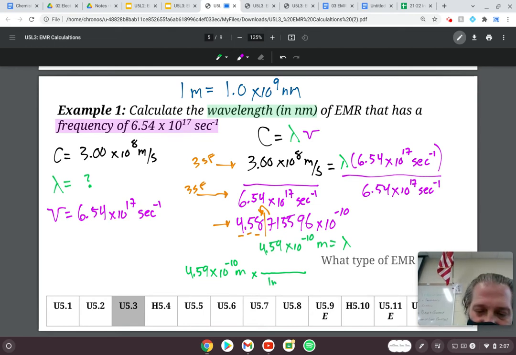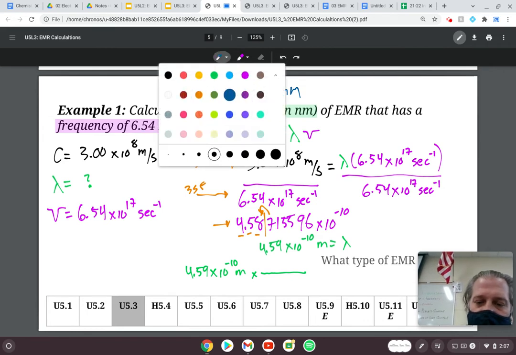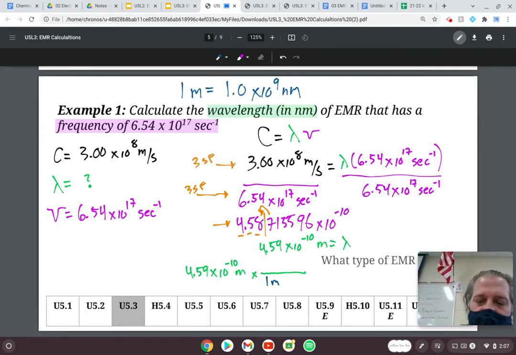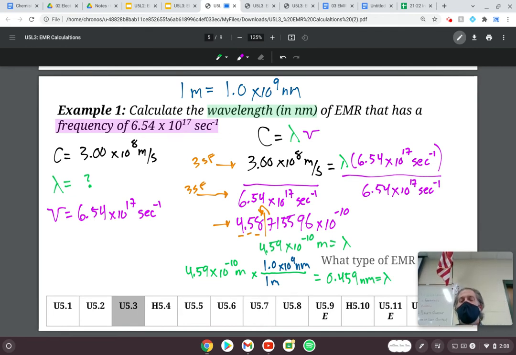So I'm going to put 1 meter on the bottom, and 1.0 times 10 to the 9 nanometers on the top. I'm going to use my calculator, multiply it times 1.0 times 10 to the 9, and I get a value for my wavelength of 0.459 nanometers.